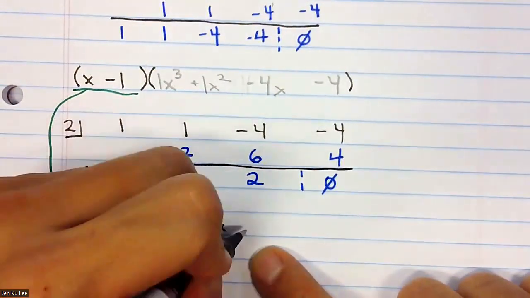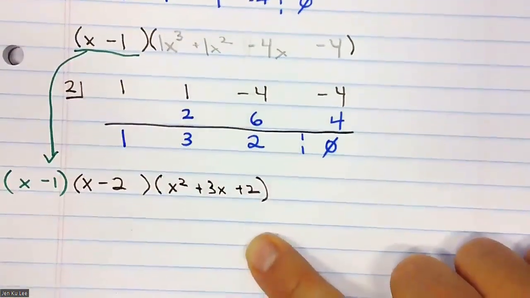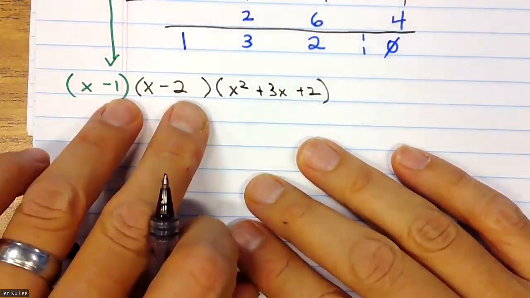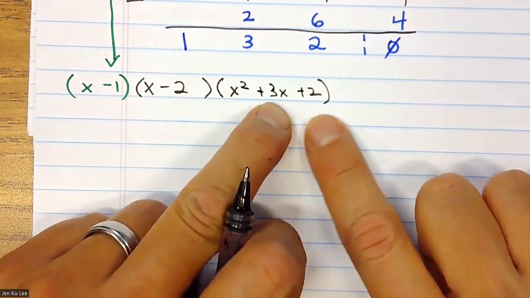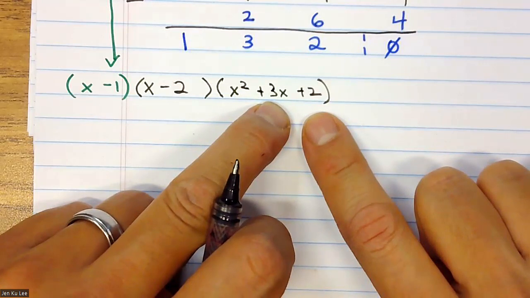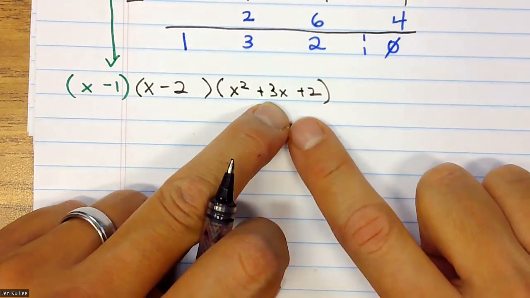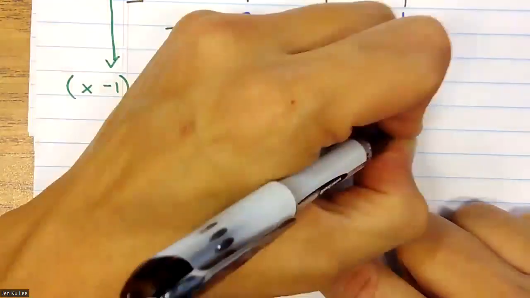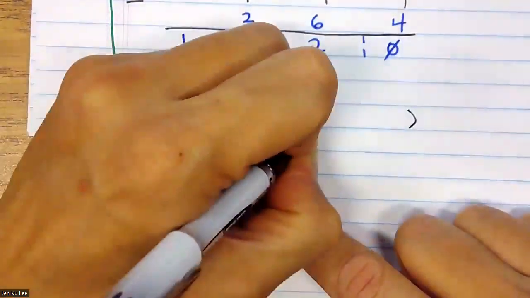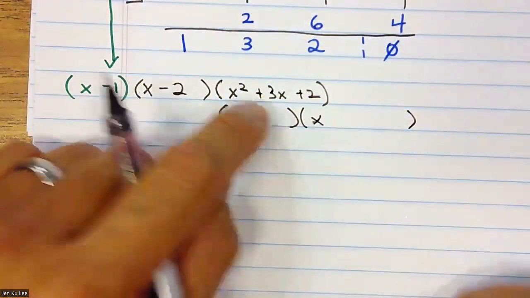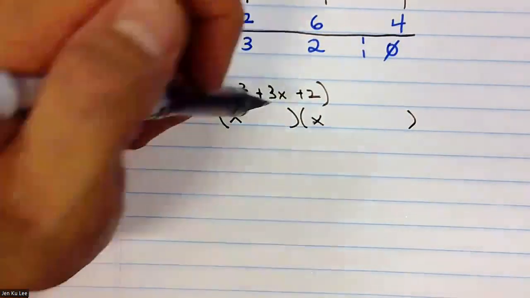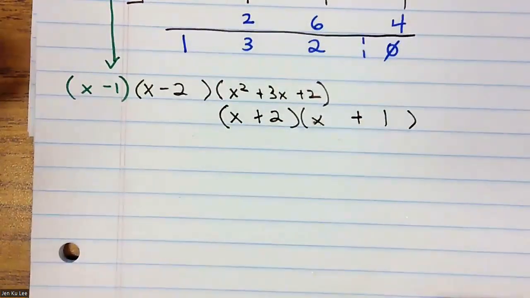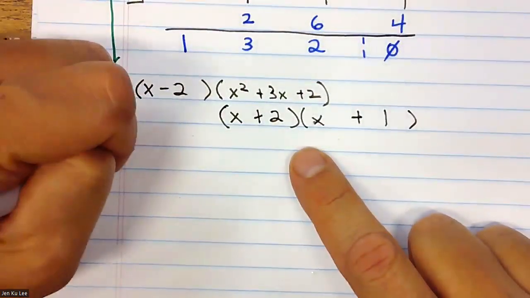Plus 3x plus 2, right? So we're left with that. I factored it twice. Now, x squared plus 3x plus 2, you guys can factor that in your sleep, correct? What are the two numbers that multiply to 2 and add to 3? 2 and 1. So it's plus 2, plus 1.